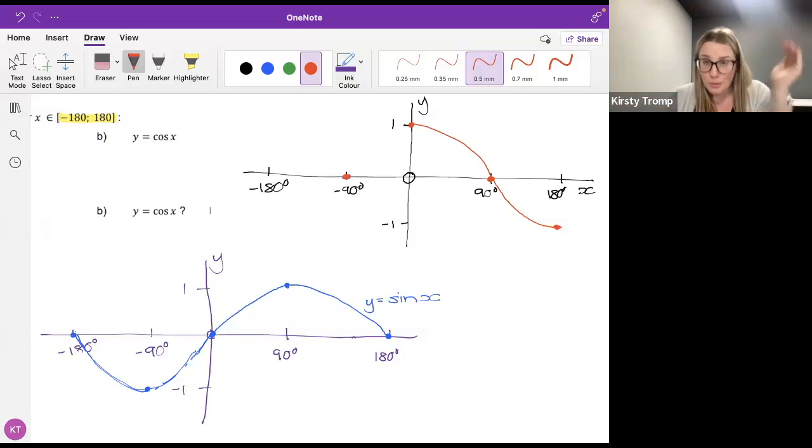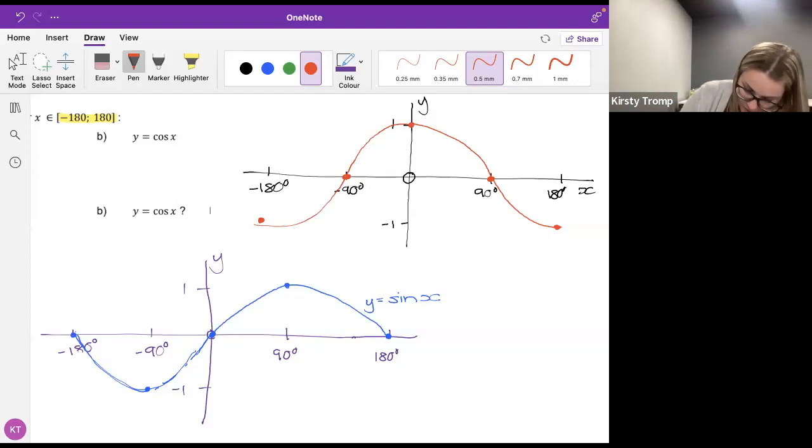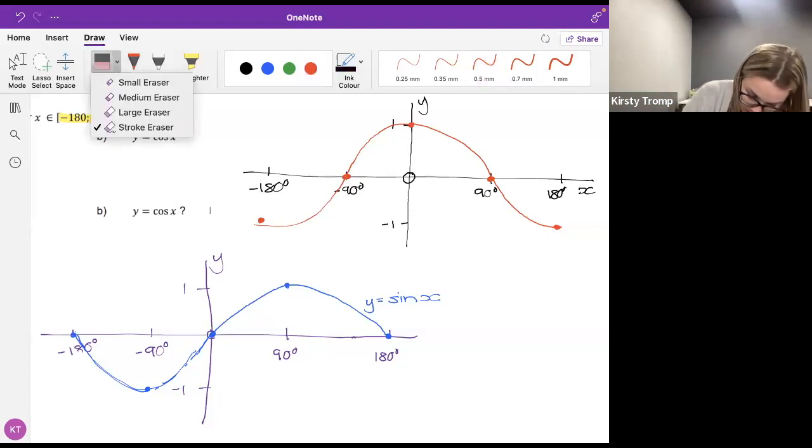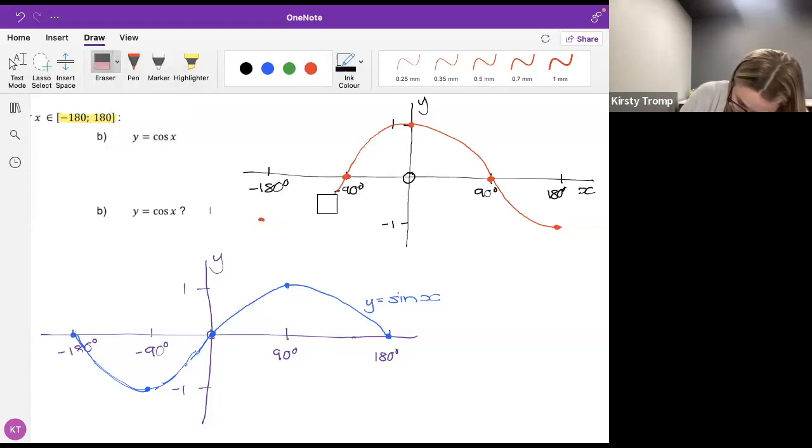Cos, open brackets, -180, close brackets, equals. Let's see your chat. Well done. Nice. -1. So -180 gives -1. So we're going this way and that way. Oh, a little bit of a mess. Sorry. Let's take them back. Like that.